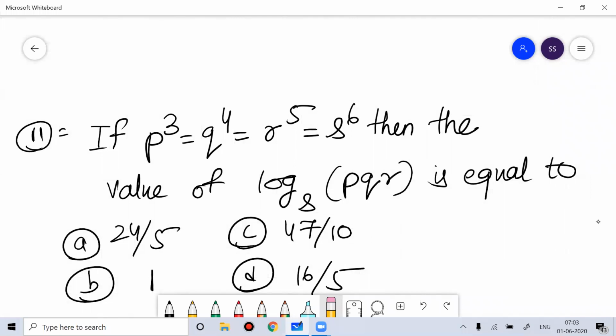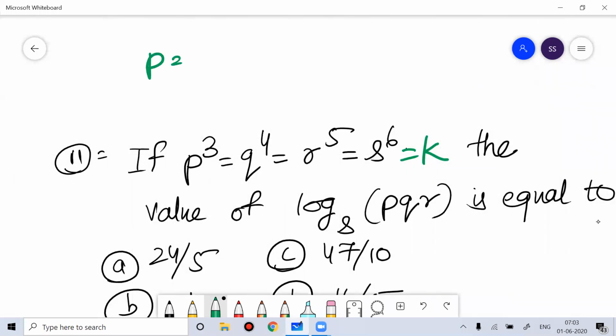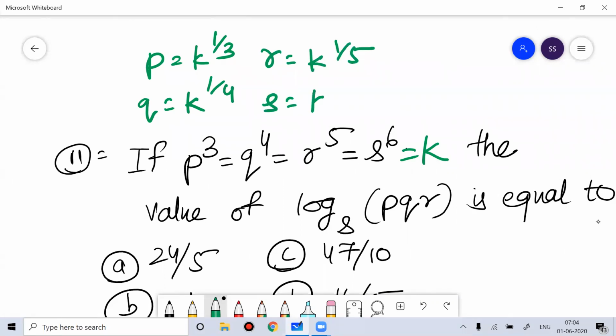I can equate this. Suppose I equate this equal to k. So I can say p is equal to k to the power 1 by 3, q equal to k to the power 1 by 4, r is equal to k to the power 1 by 5, and s equal to k to the power 1 by 6.